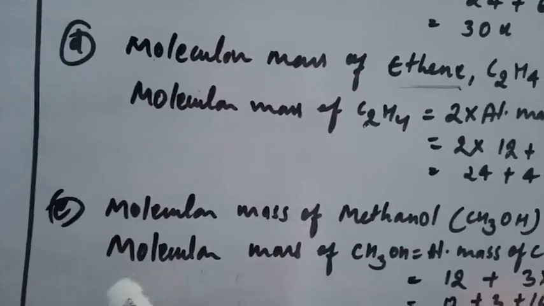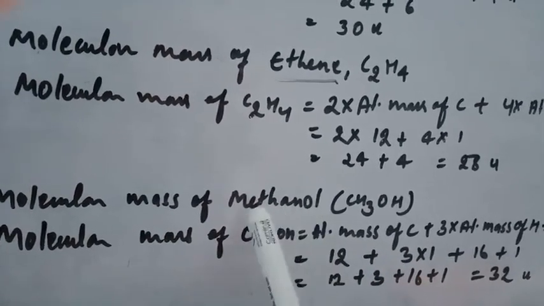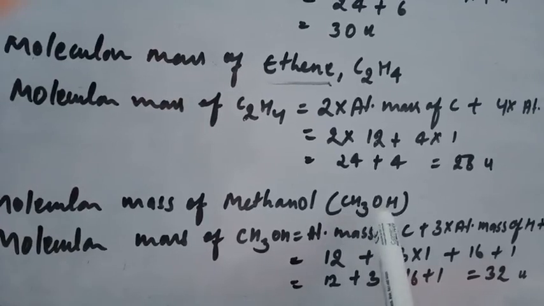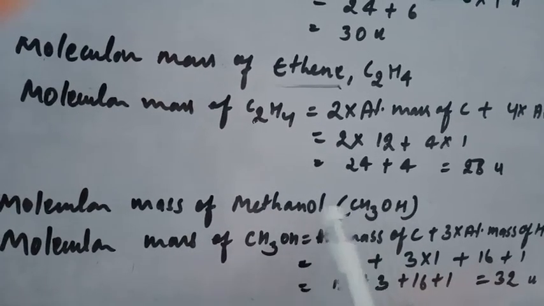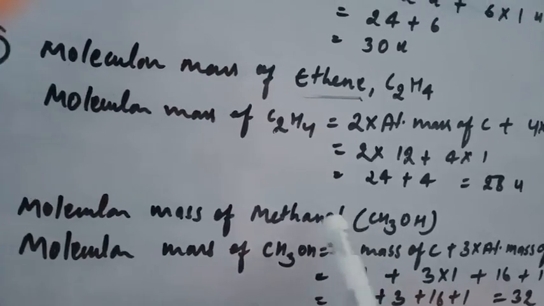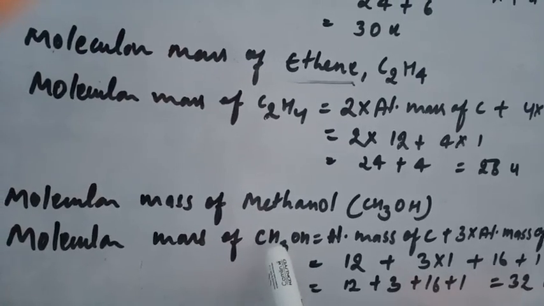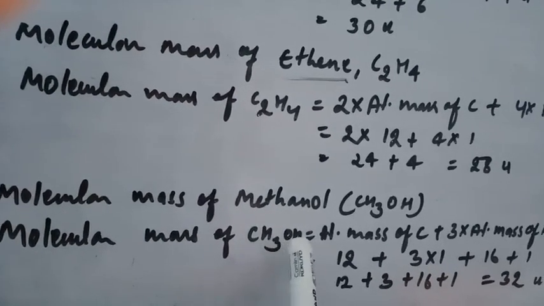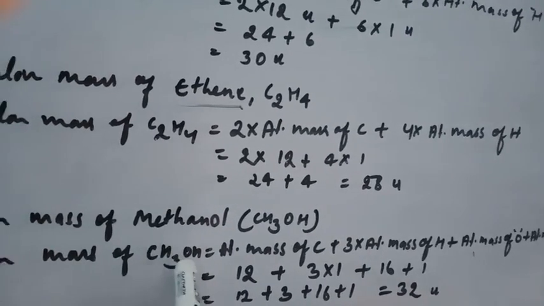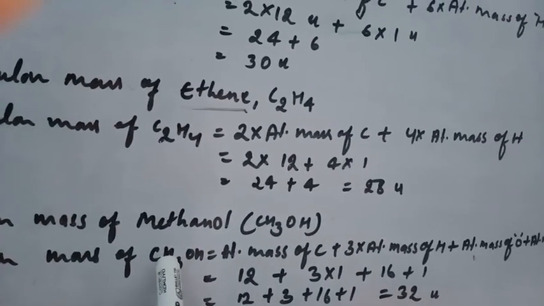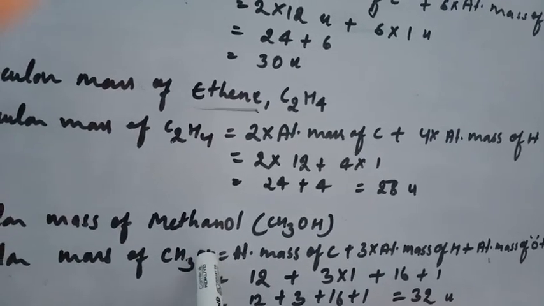Now the last question is the molecular mass of methanol. The formula of methanol is CH3OH. It is also called methyl alcohol. So the molecular mass of methanol, that is CH3OH, is equal to atomic mass of carbon plus 3 into atomic mass of hydrogen plus atomic mass of oxygen plus atomic mass of hydrogen.